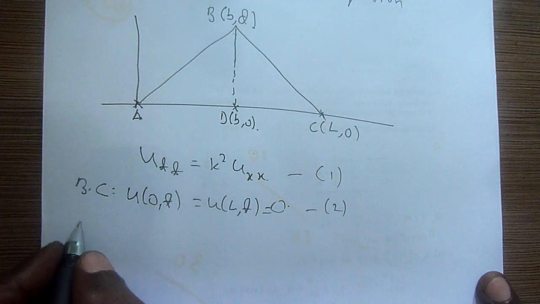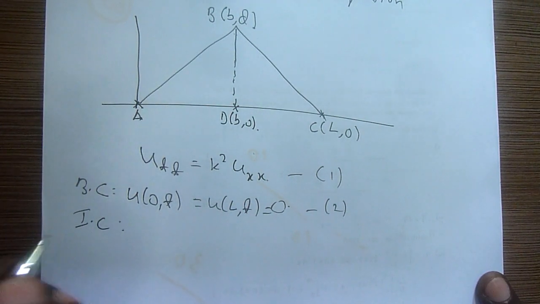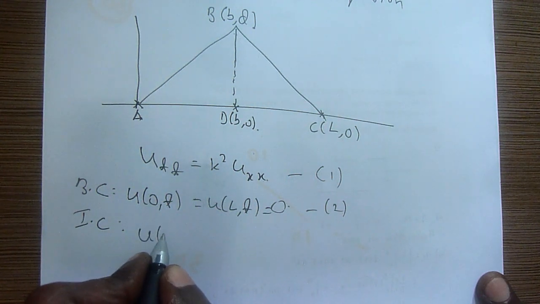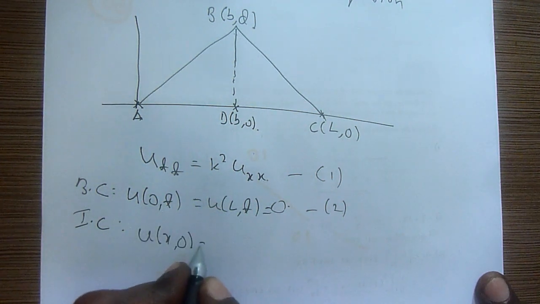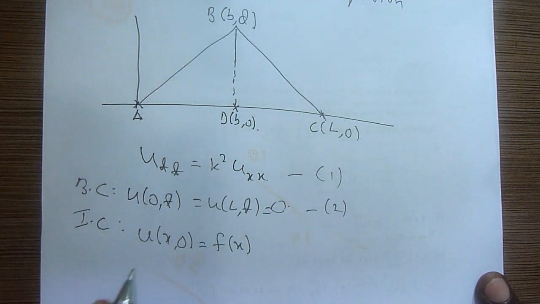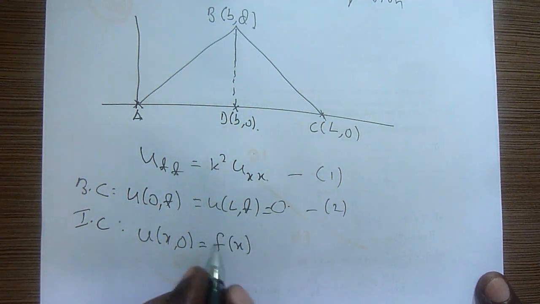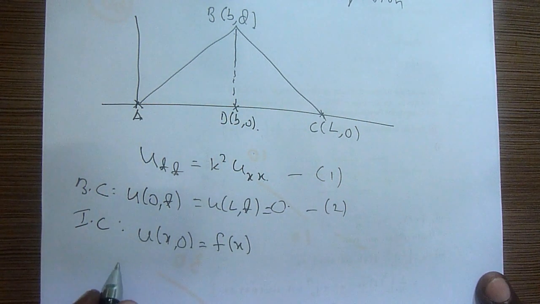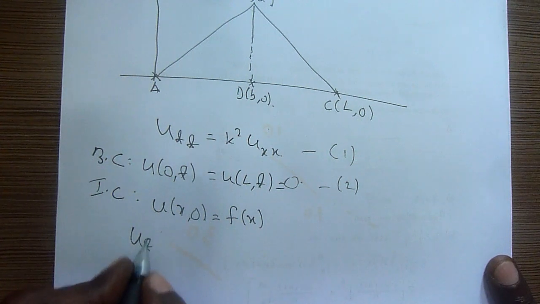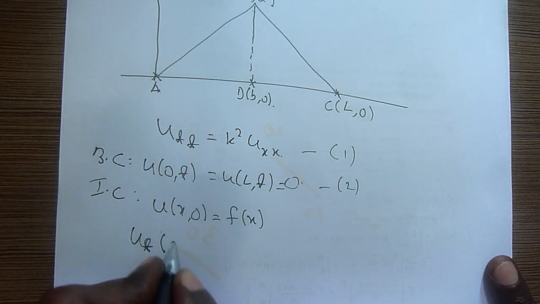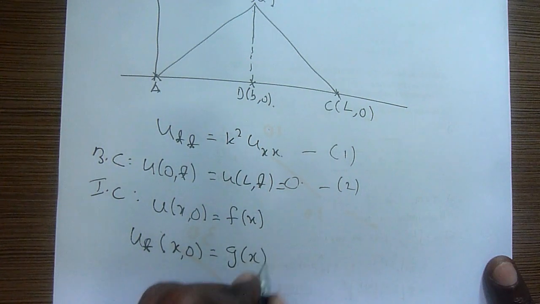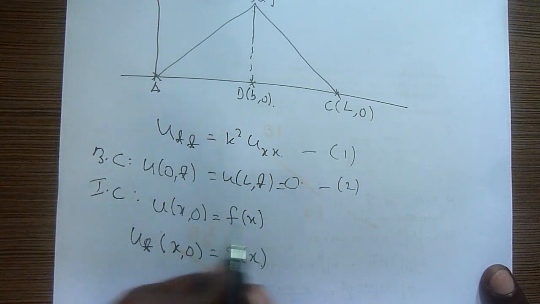The most important is the initial condition. For the initial condition, Ux0 is basically fx. This is the challenging part. They will give you ut at x0, which is gx, they will provide that, but they won't give you fx.